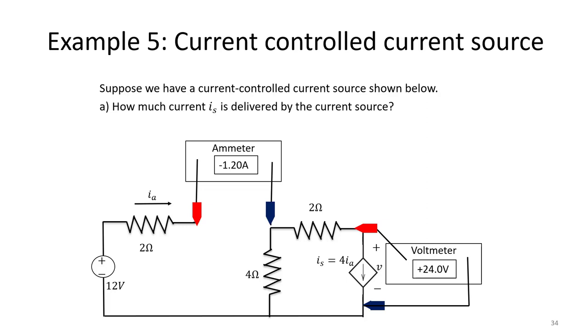Here we are asked to find the current delivered by our current source. So let's take a look again at this question, and we can notice immediately that we know IS is given by 4IA.